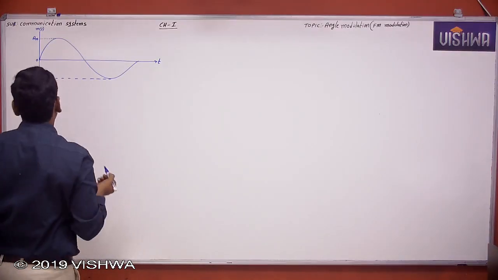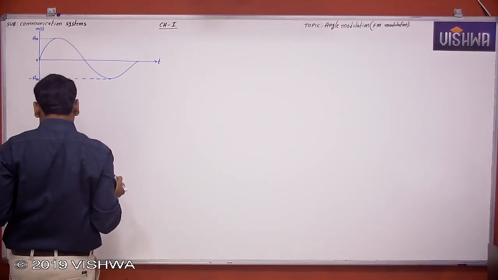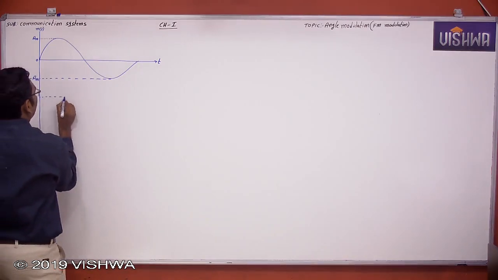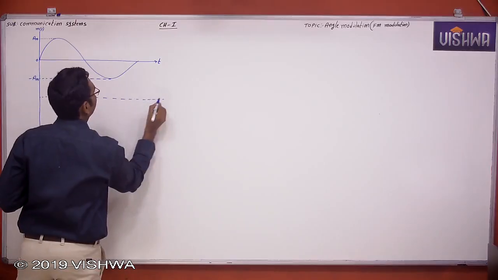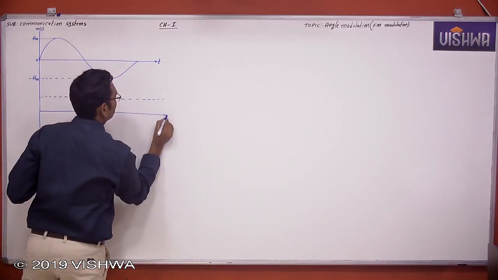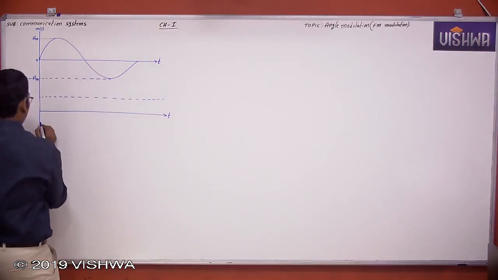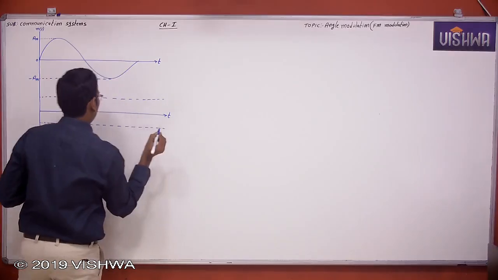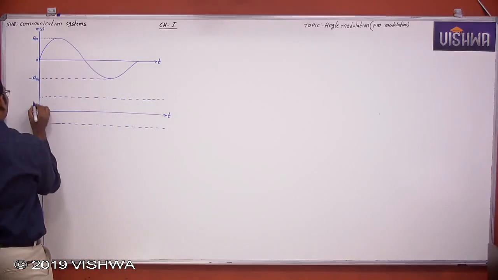You know that this is a low frequency information signal which cannot be transmitted over a longer distance, so we take the help of a carrier. This is the carrier.